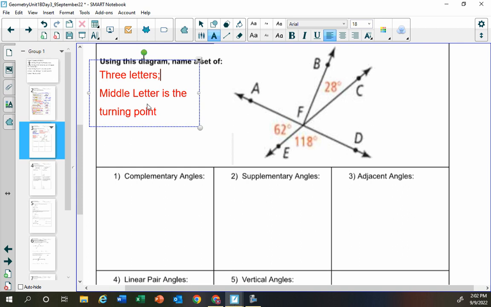It's going to be the F. Point F is going to be the middle letter. Not all the time, but this case it will be. This example, F is 3/3. So every single one of our angles is going to have the letter F in the middle.